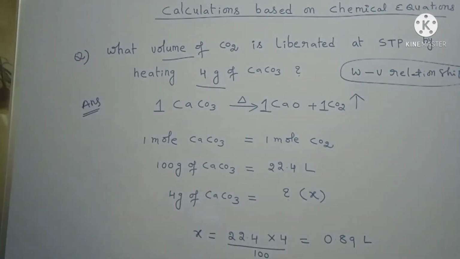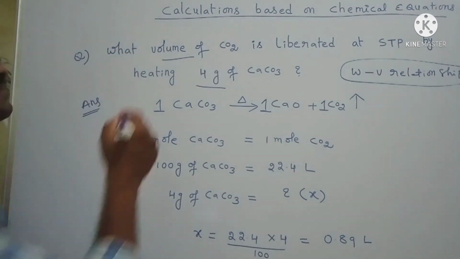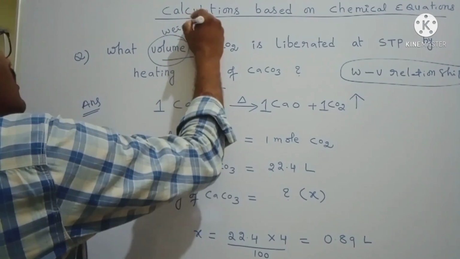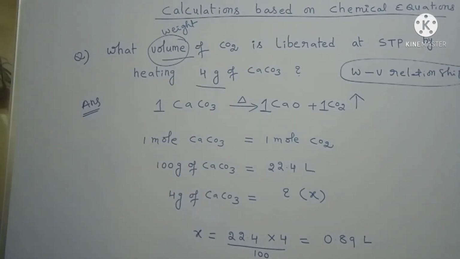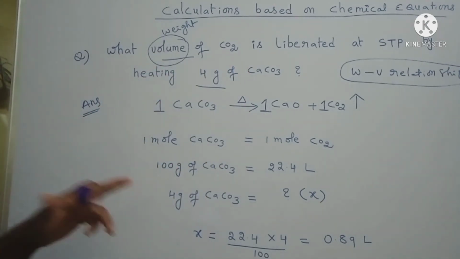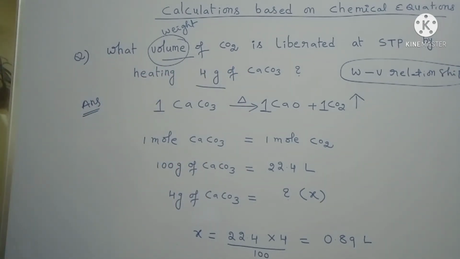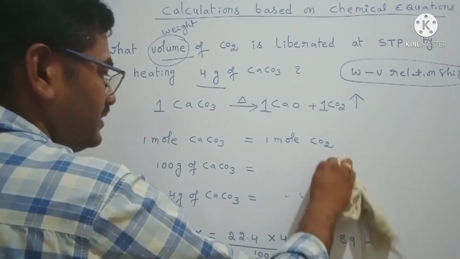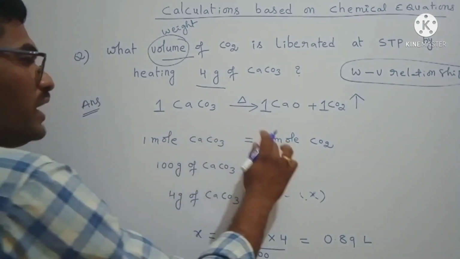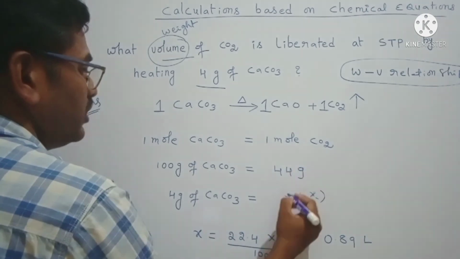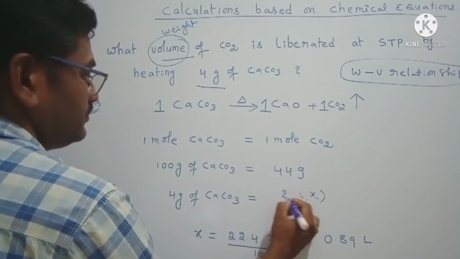The same problem they will ask you like this also. Instead of volume, suppose: what weight of CO2 is liberated at STP by heating 4 grams of calcium carbonate? Then instead of 22.4 liters, here you should use 1 mole of CO2 weight is equal to its molecular weight, that is 44 grams.